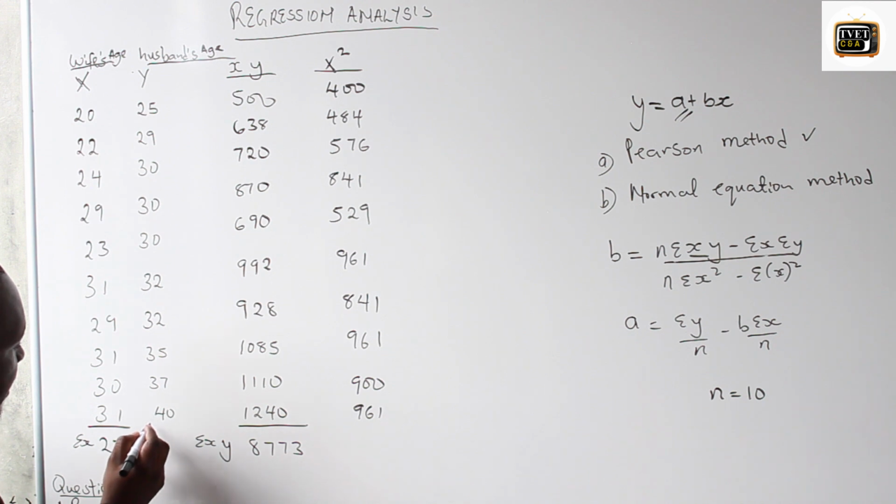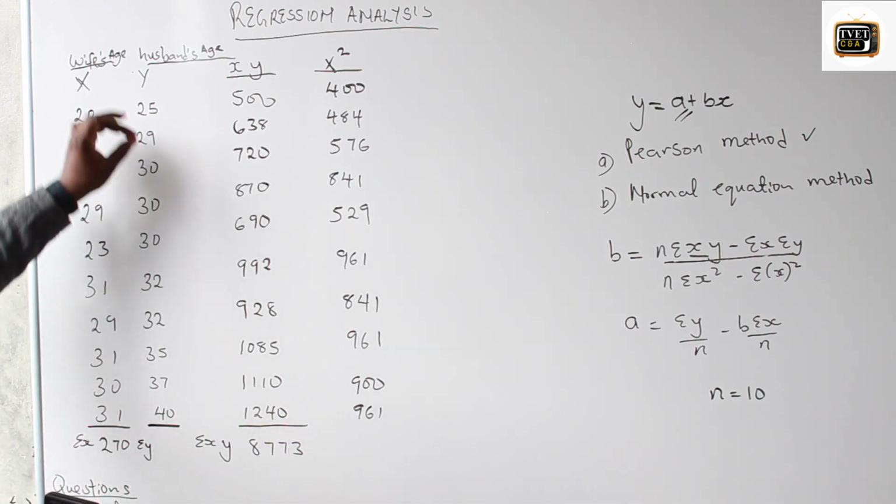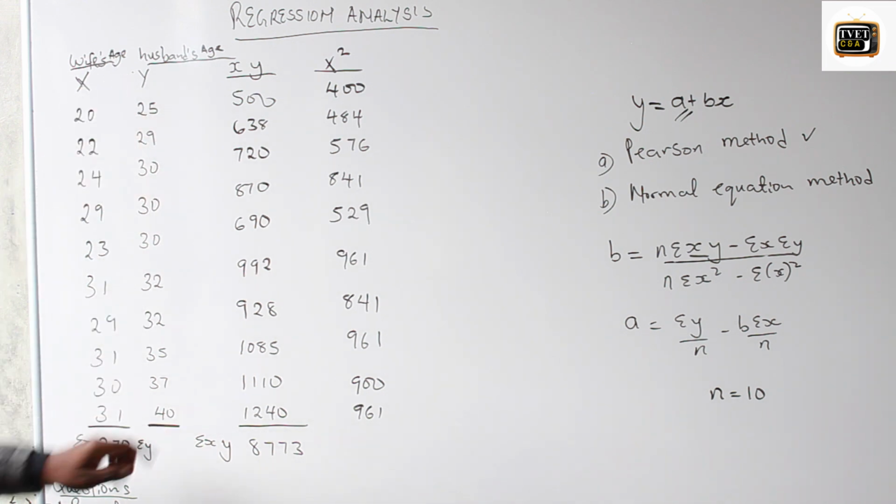Again, not forgetting the summation of y. The same procedure applies. Summation of y, where we'll start from 25 all the way to 40: 25 plus 29 plus 30 plus 30 plus 30 plus 32 plus 32 plus 35, then plus 37 and finally plus 40.